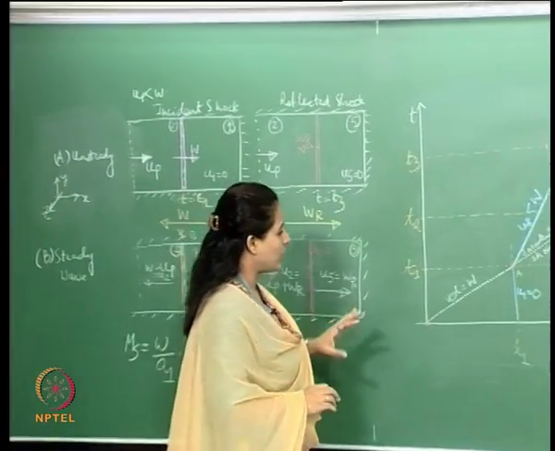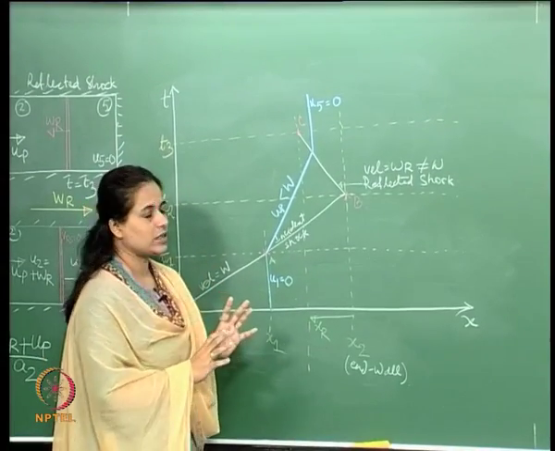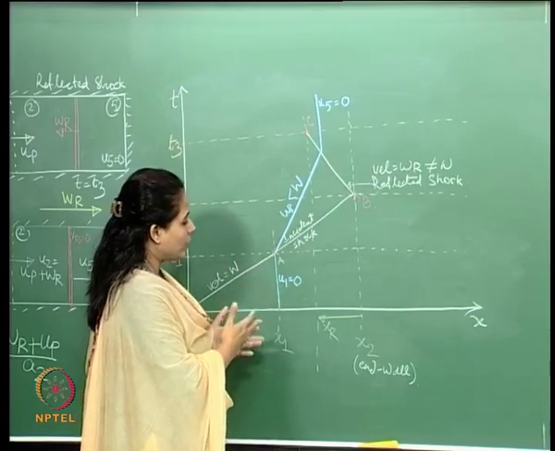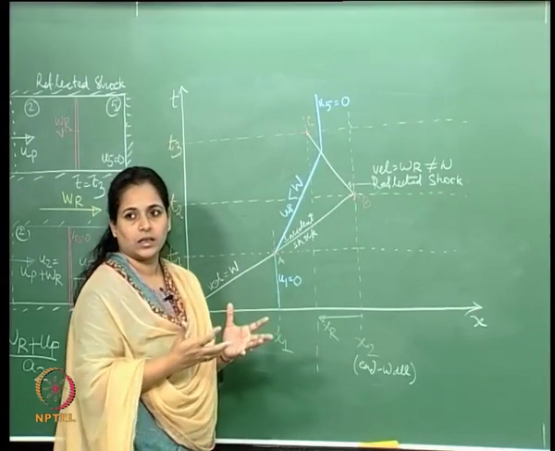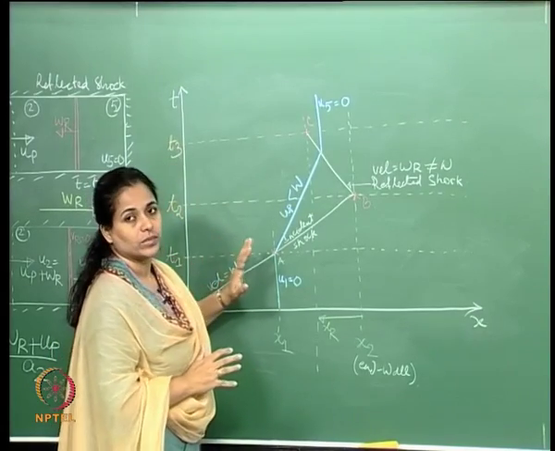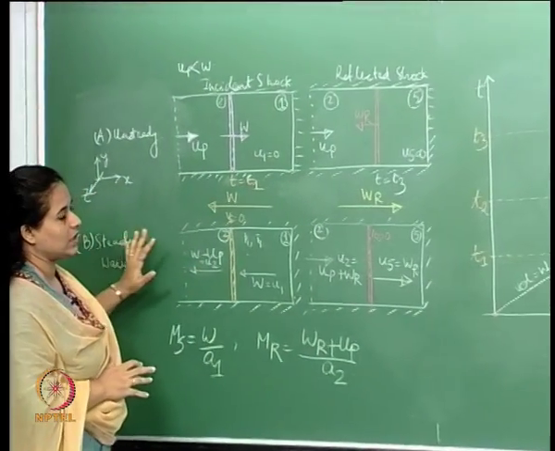Right. So what essentially this diagram is giving us is a picture of the movement of the various shocks out here with respect to time, because this is an unsteady case. Right.